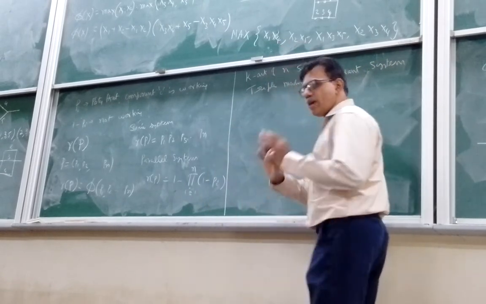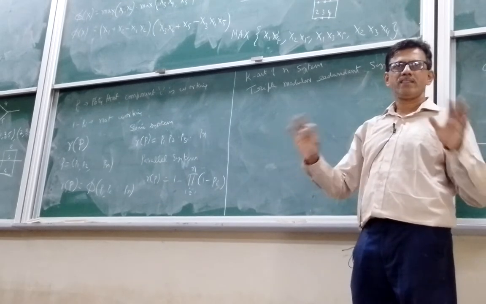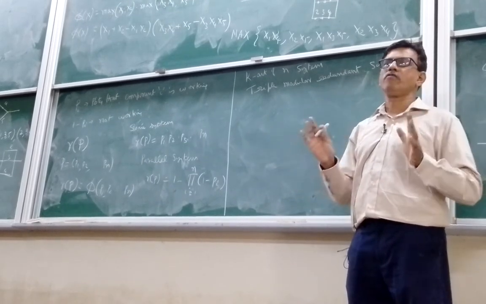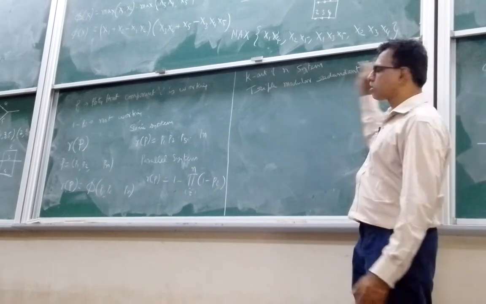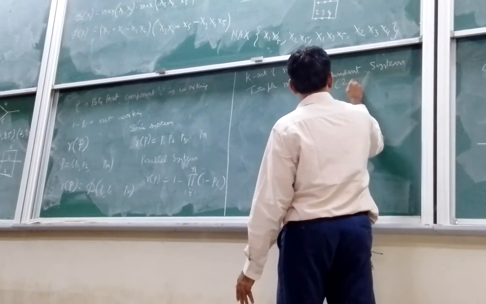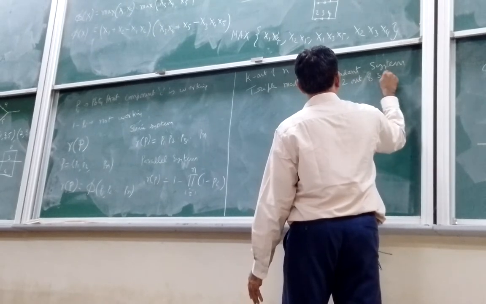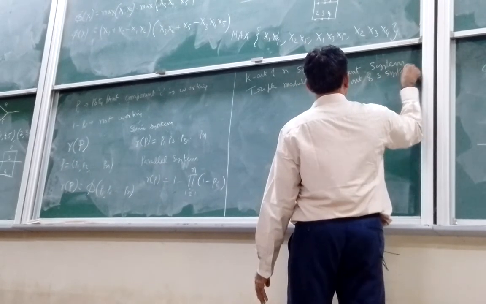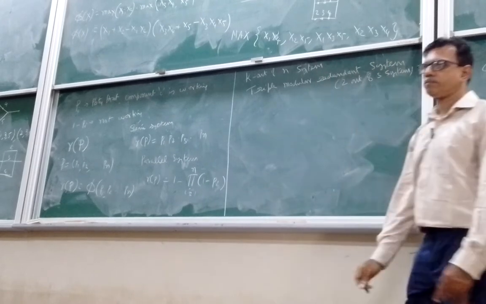It expects that we have 3 identical components, and at least 2 of them should be working for the system to work. That's called the triple modular redundant system. Here it is a k out of n system.